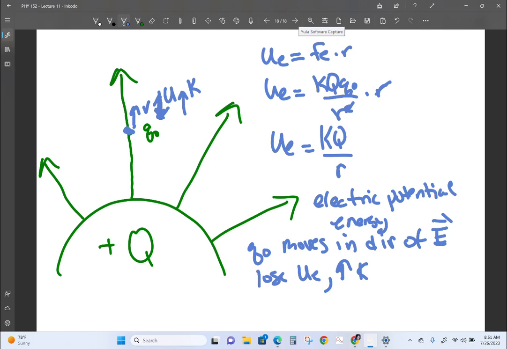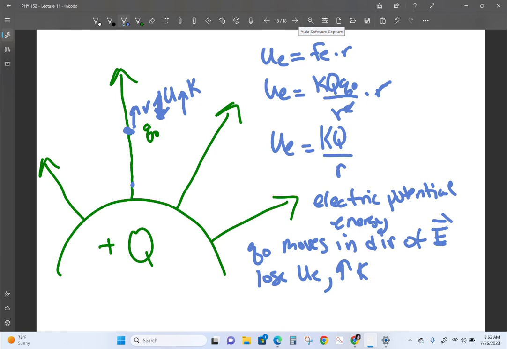Force is inversely related to r. So as it goes away from the source, it's going to have less and less force on it because the electrostatic force decreases with distance. So it's not exactly the same as what's going on in the gravitational field, but it's similar. But when it's closer to that source charge, it's going to feel the most force, and it's going to have the most potential energy.